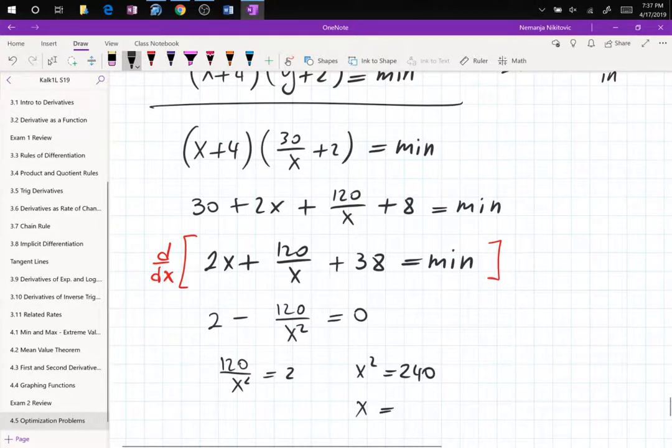Yes, so this is 60. So what's the square root of 60?